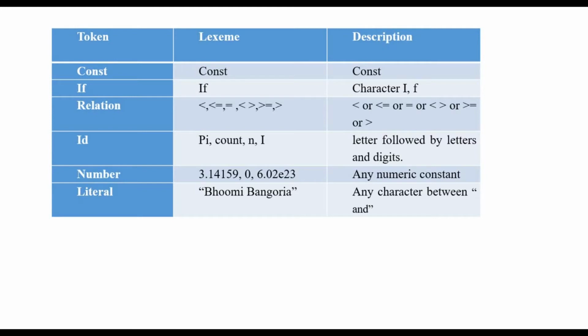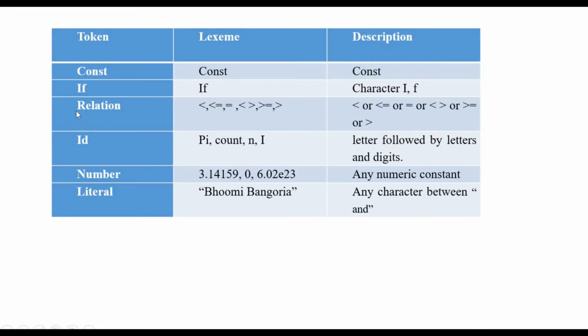So here are the examples of tokens. If you have any constant, then the lexeme is also a constant. If you use any keyword like if or else, then the lexeme is also the same, like if, with the simple description being the characters i and f.